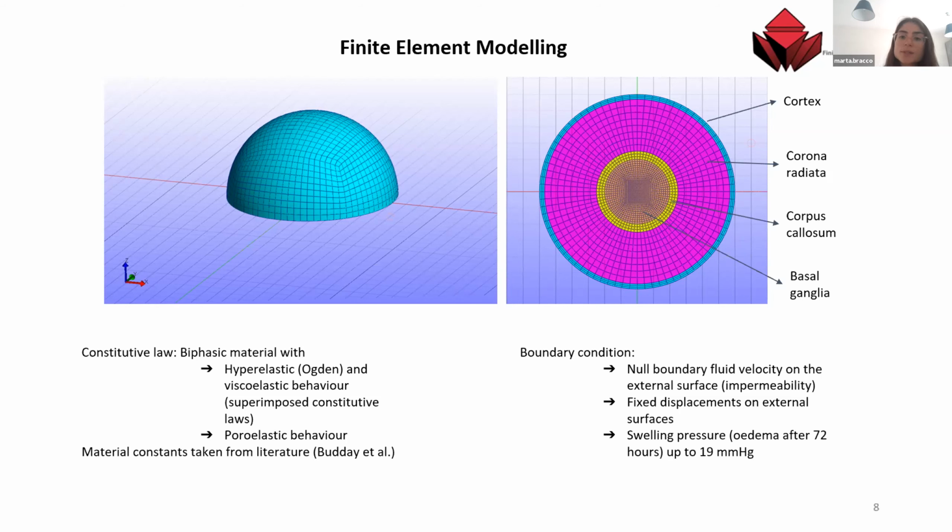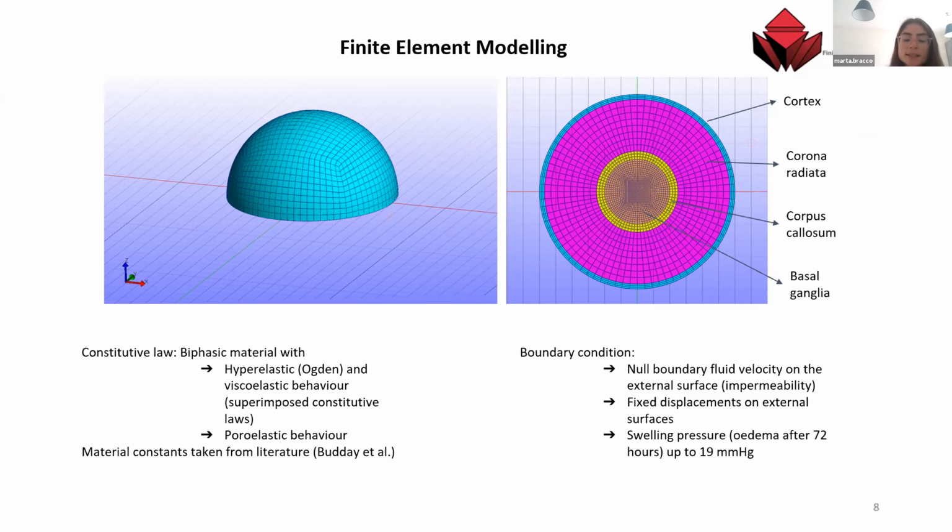And to do that, we used FEBio. FEBio is an open source software for finite element modeling. And it allows to superimpose different constitutive laws to obtain, let's say, personalized material properties.